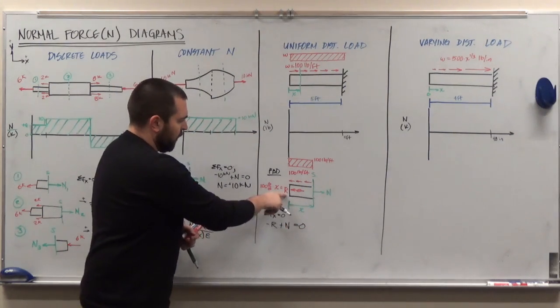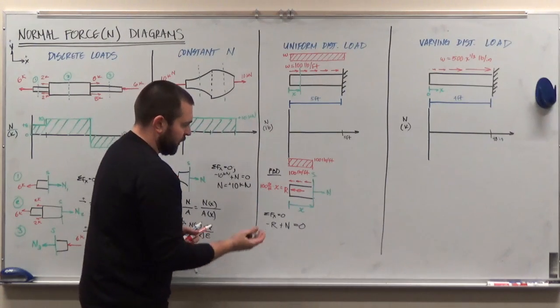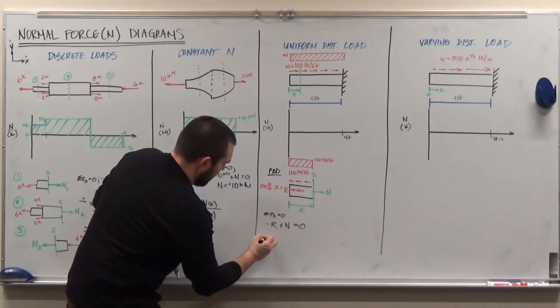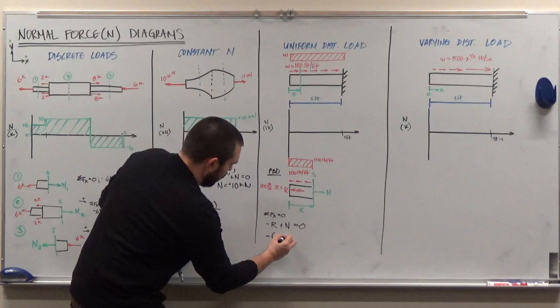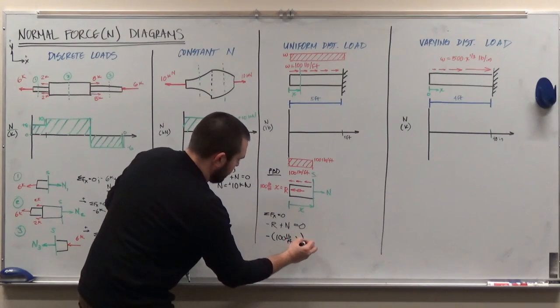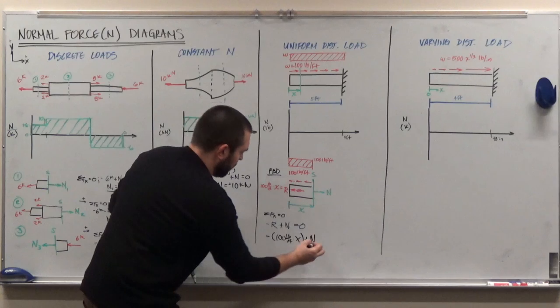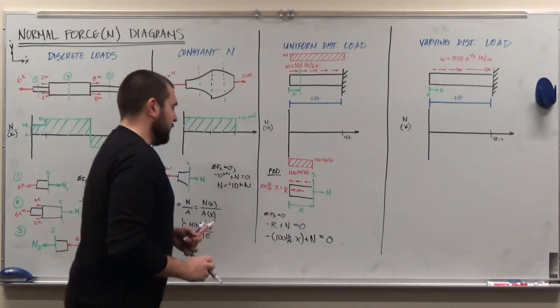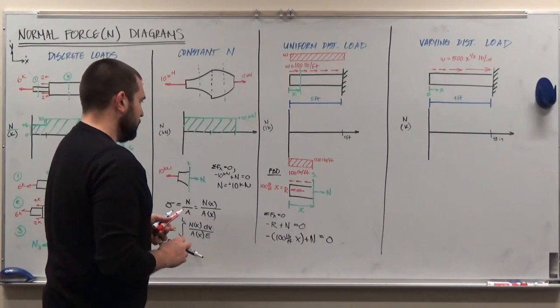But I can take R and substitute in the formula for it, because I know it's a function of x. And so I get minus 100 pounds per foot times x plus the internal normal force is equal to 0.